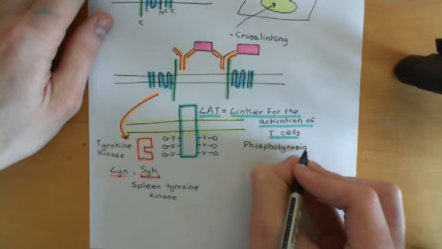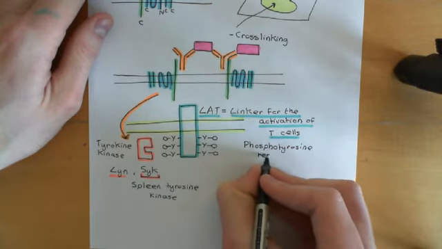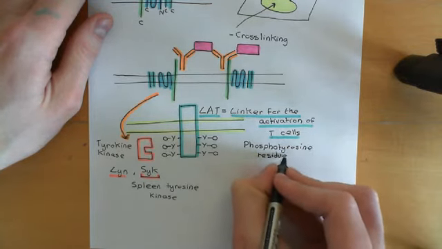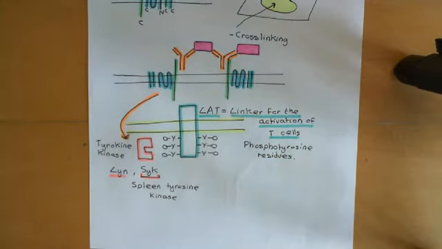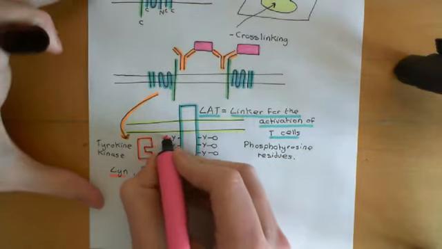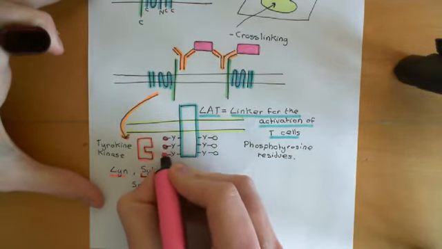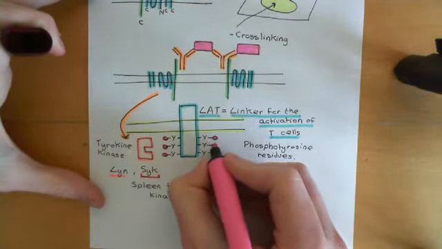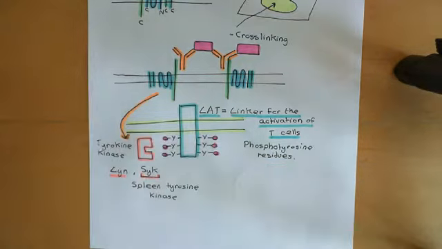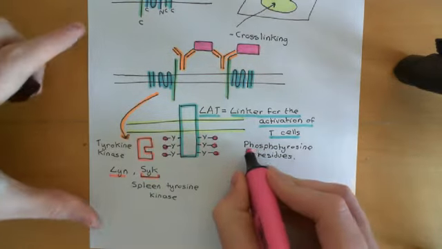The activation of the Lyn and Syk kinases in these lipid raft regions nearby the linker for activation of T cells protein is going to lead to the phosphorylation of the tyrosine residues on the intracellular aspect of this LAT protein and their conversion into phosphotyrosine residues.